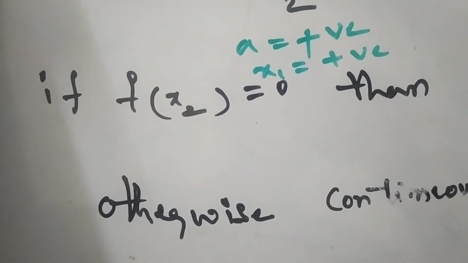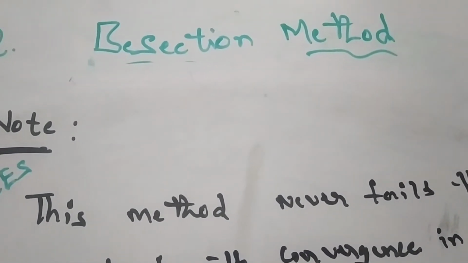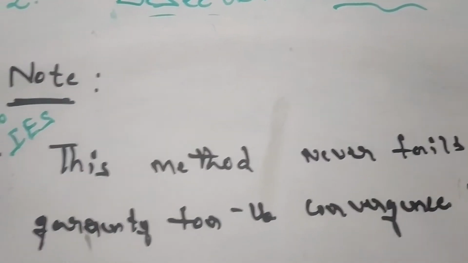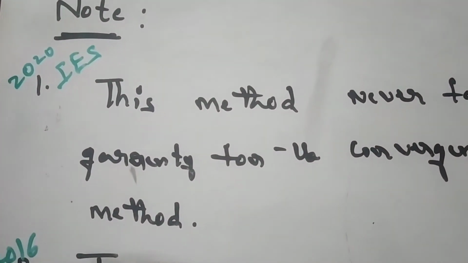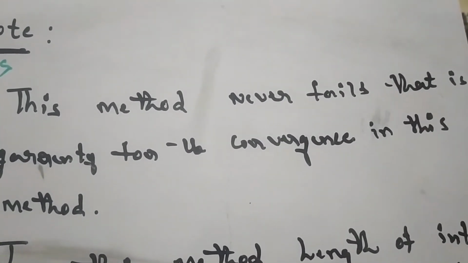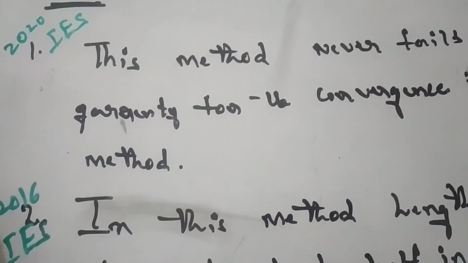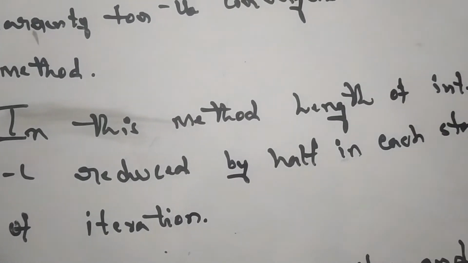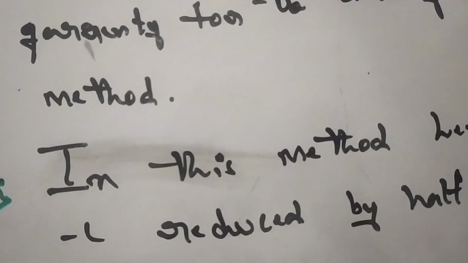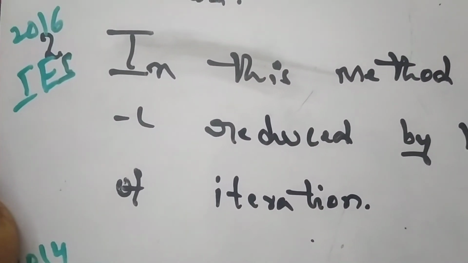Before going to problems, let's discuss some important points for the bisection method. It is very important for theoretical questions. In the 2020 IAS examination, one point asked was that this method never fails; convergence is guaranteed in this method. Second, in this method the length of the interval is reduced by half in each stage of iteration. This was asked in 2016 IAS and 2017 GATE.